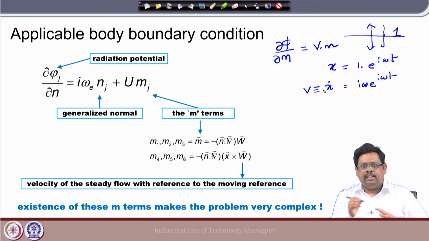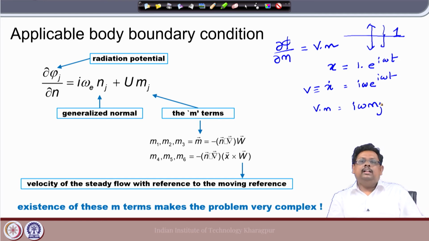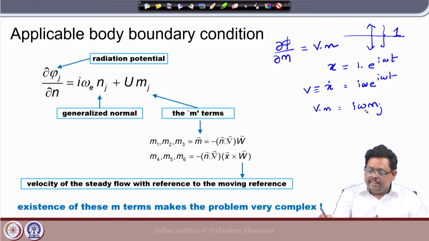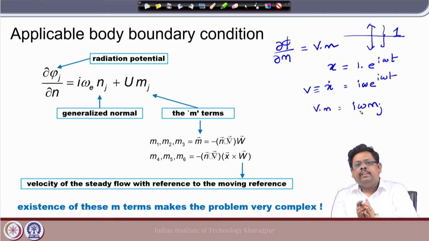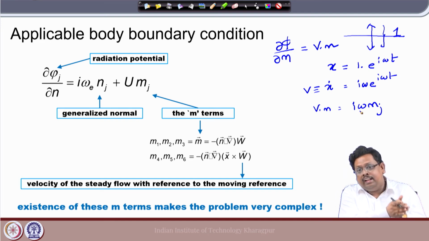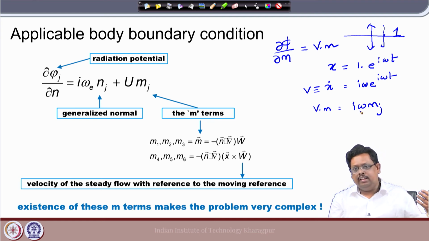We have discussed this a lot, so I am just repeating the same thing again. In that case v dot n is nothing but i omega n, but now in the mode of j, i omega n j. Now in case of forward speed, as I said, it should be with respect to the encounter frequency, not the wave frequency omega that we discussed initially, right.